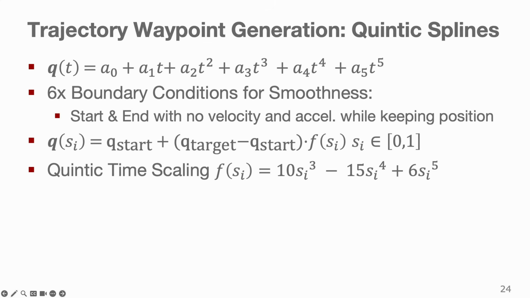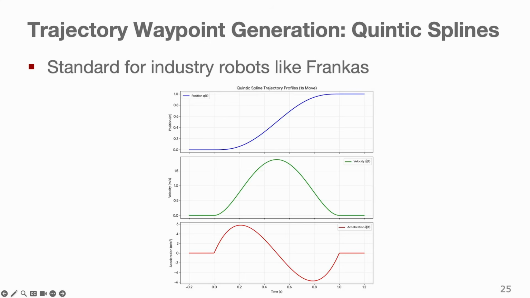Essentially you encode that the robot should start and end with 0 velocity and 0 acceleration. Then the movement looks something like this. You can see it's a much smoother, more gentle start, and it also ends much more gracefully. The Dirac delta spikes are now gone. And this is what a lot of waypoint generation methods in industry robots, like Franka's, will use.